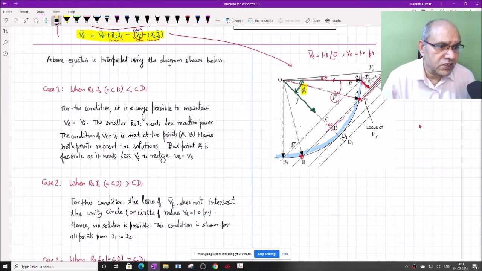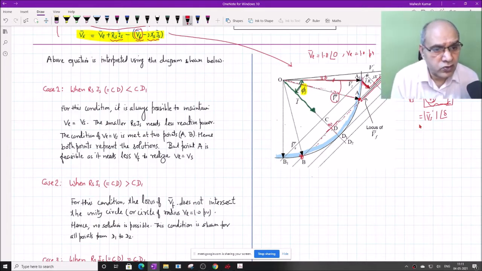So if I say the new value of BS is nothing but BS old value plus BF, then this voltage has a positive angle. So individually this may have a negative angle, but the total voltage BS plus BF will have a positive angle. So power still flows from source to the load. We will discuss this in more detail when we take an example of this.